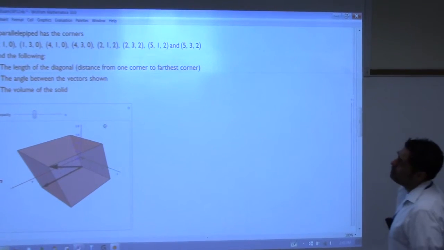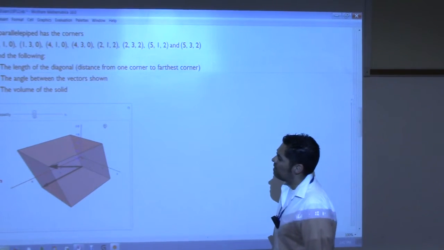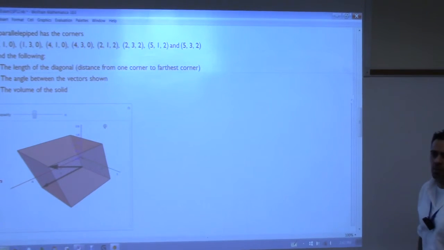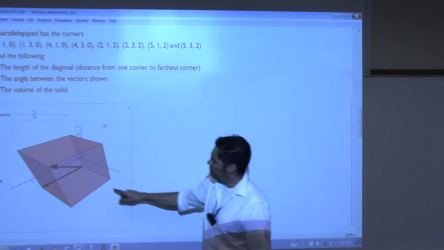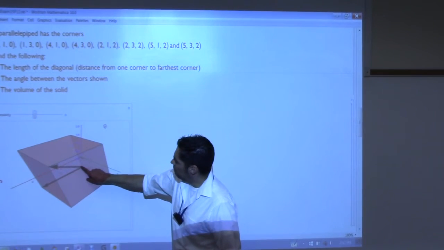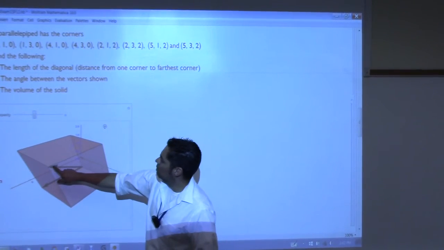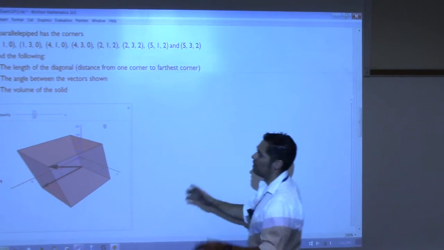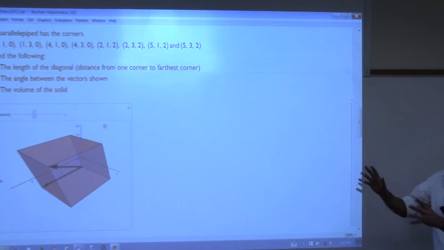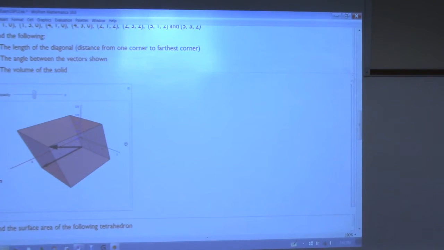A parallelepiped has these corners. Find the length of the diagonal. You could do that at this point. That's the length from the point here to the far corner of the parallelepiped. A parallelepiped is a three-dimensional solid. Find the angle between the vectors. You could do that.